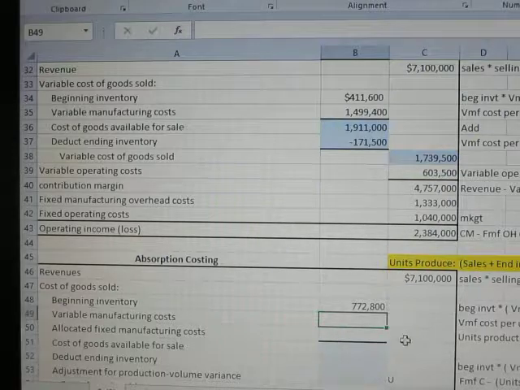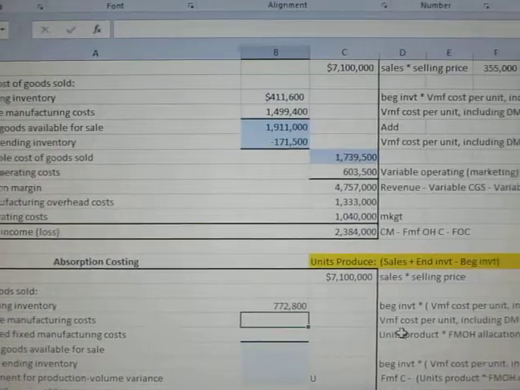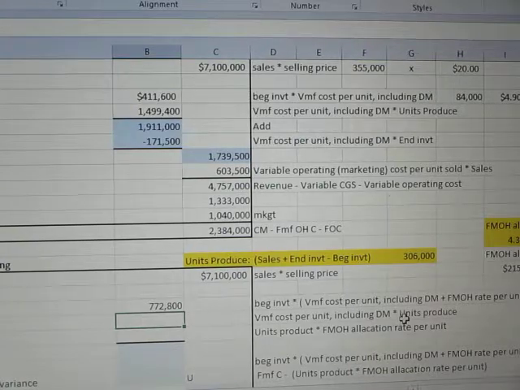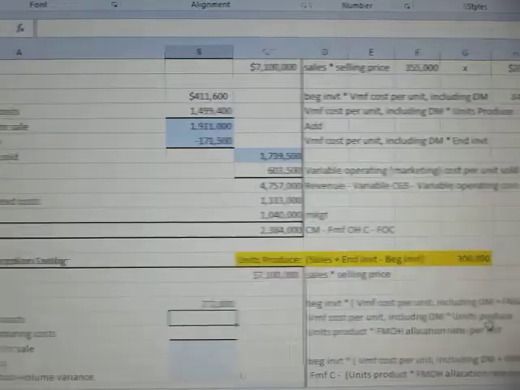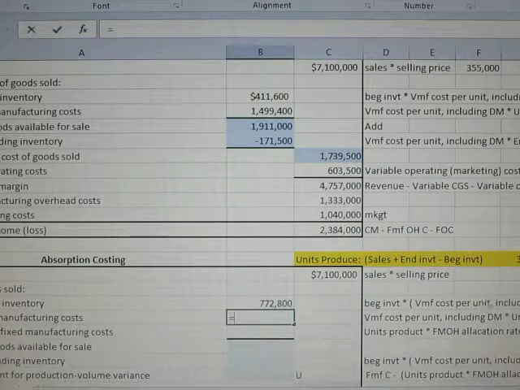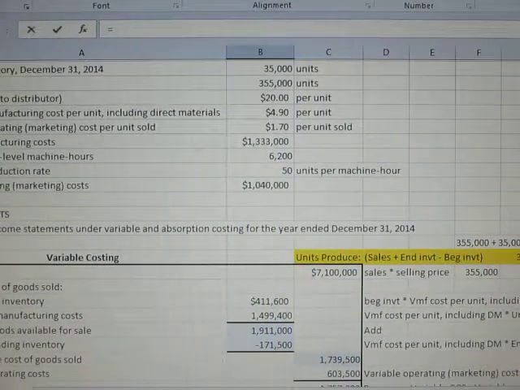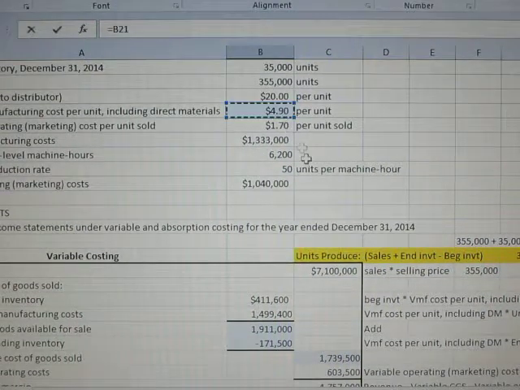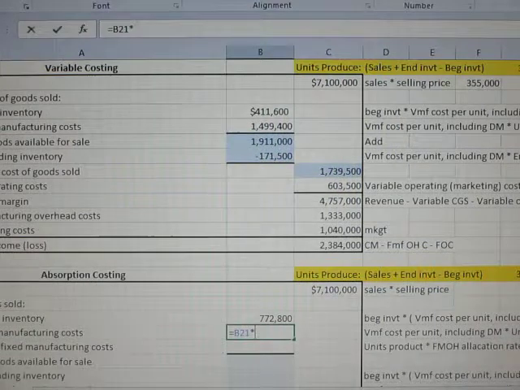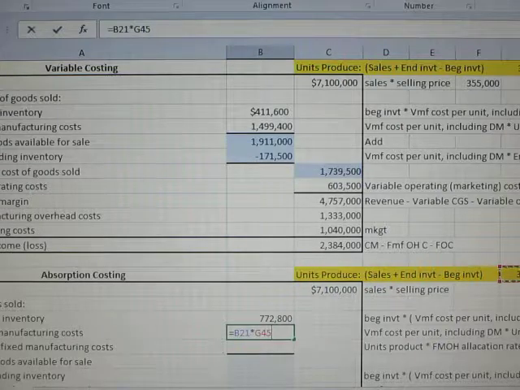Okay. So variable manufacturer cost, to get that, you take variable manufacturer cost per unit, including DM, times units produced. So equal to $4.90 times the units produced, which is 306,000.